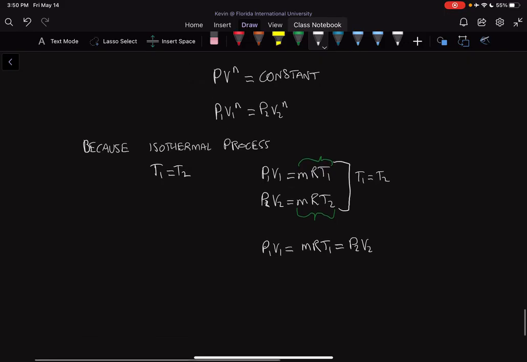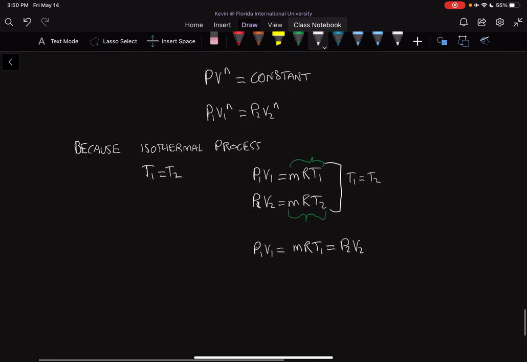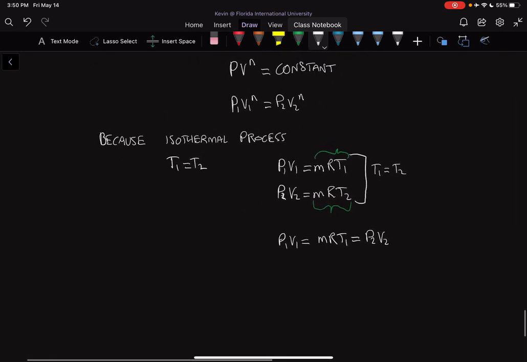And so if we simplify this equation and just get rid of the MRT, we have just proved that in an isothermal process, P1V1 is equal to P2V2. Now let's compare this equation with our polytropic equation. It looks exactly the same, except we have a power of n on both sides.